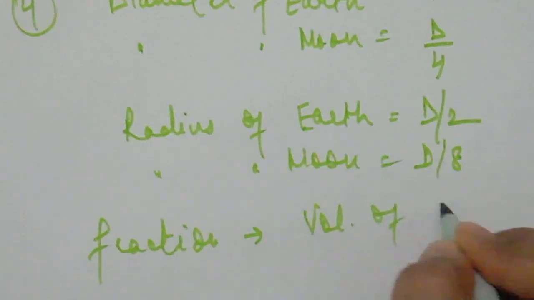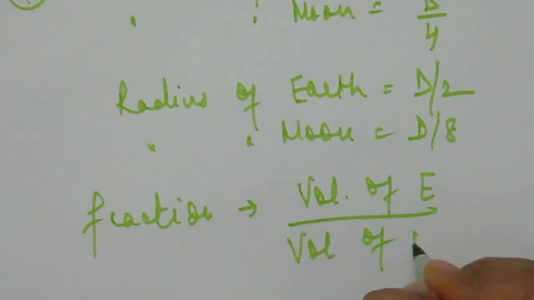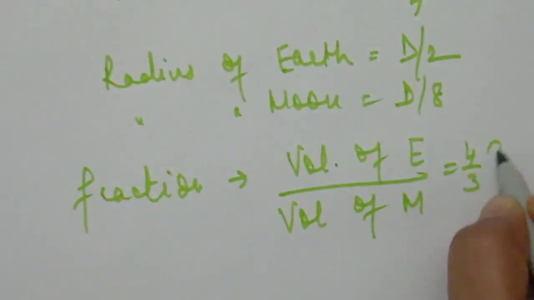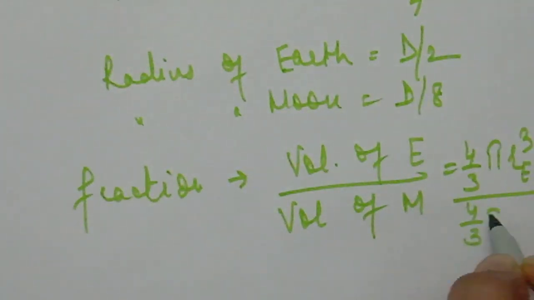Now the fraction, volume of earth upon volume of moon, which we know as 4/3 pi r cube of earth and 4/3 pi r cube of moon.